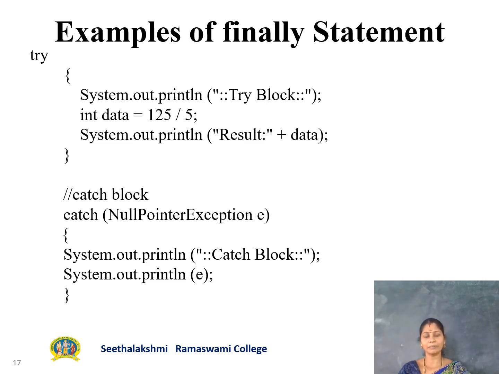Example: try, print try block. Next declare your variable, that is data, and it has one more calculation, that is 125 divided by 5, and print that output variable, data.